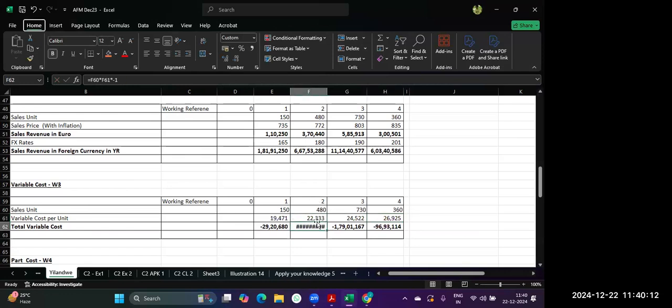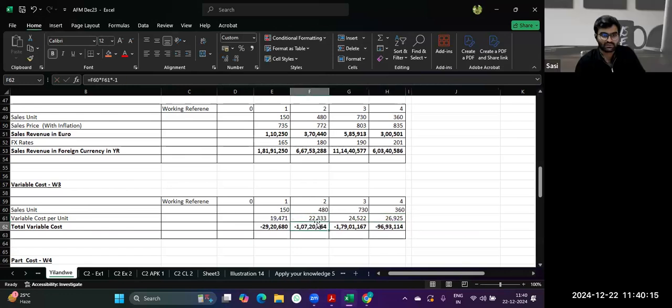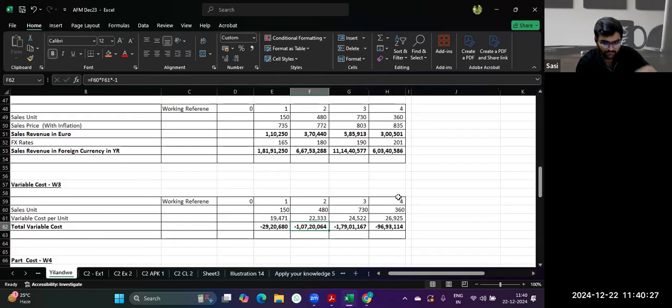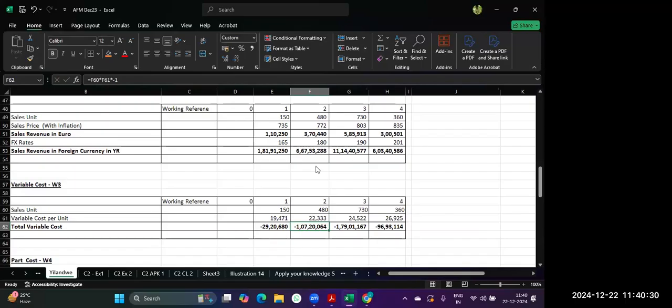Why am I showing it as a negative number? Because it's a cost. Clear, everyone? Have you finished calculating this variable cost? How do you show it as a negative? By simply adding the bracket, or just multiply by -1.